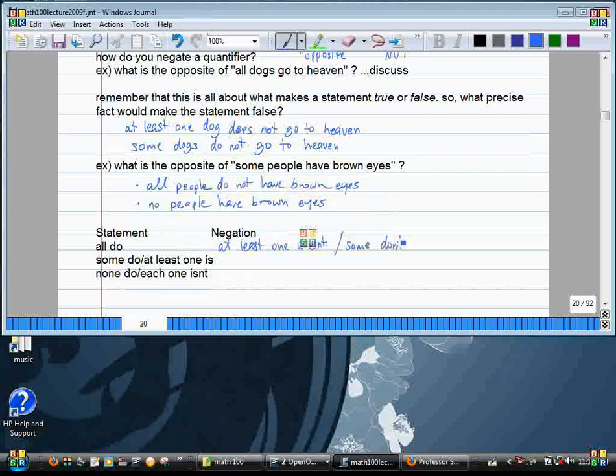Now, if you have the statement some do, or equivalently at least one is, what's the opposite of that? All. What's the opposite of some do? Certainly not all do. All don't. So you could say all don't, or what else could you say?